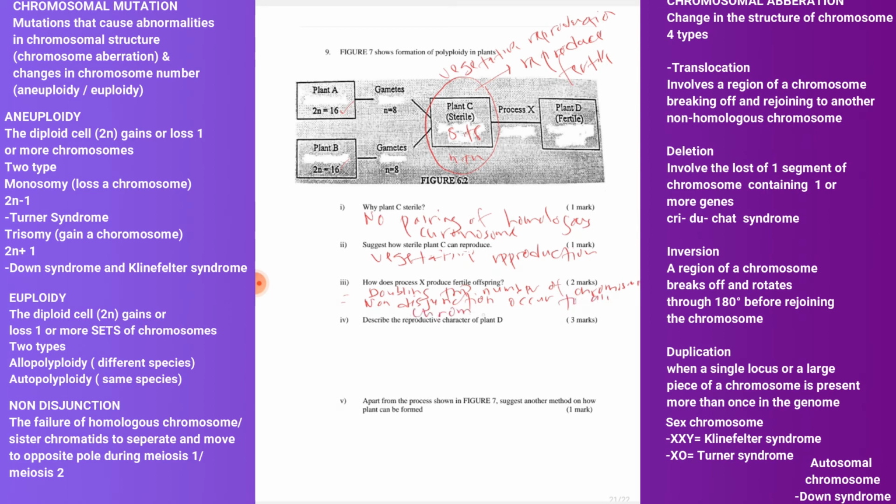Since non-disjunction occurs in all chromosomes, it can double the number of chromosomes.